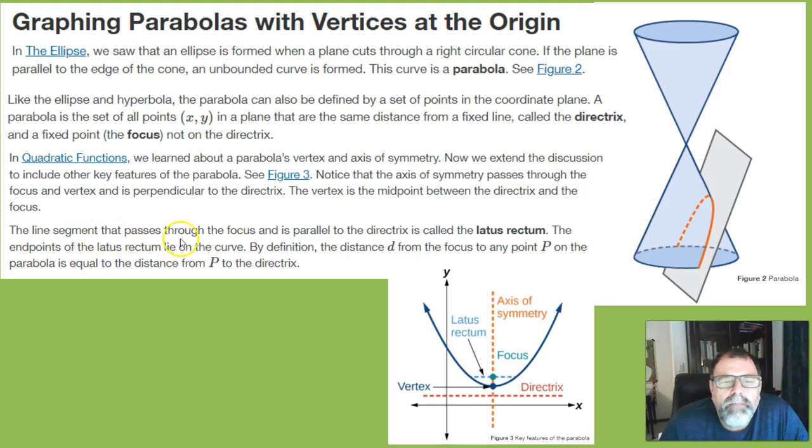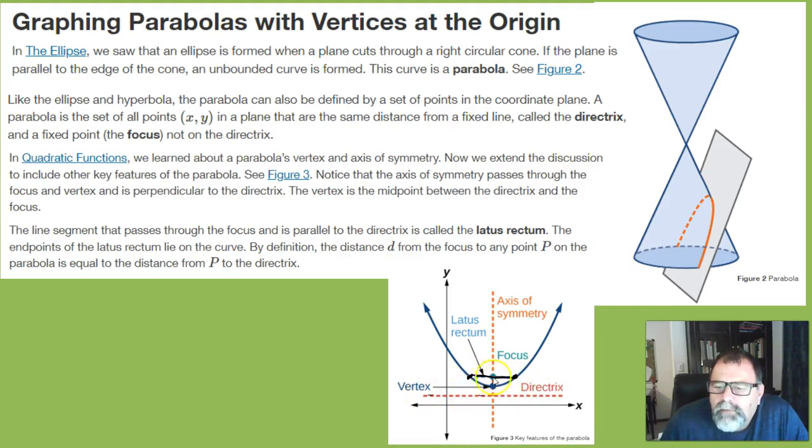The line segment that passes through the focus and is parallel to the directrix is called the latus rectum. The endpoints of the latus rectum lie on the curve. Okay, so it's this line segment that goes through the focus. It's parallel to the directrix.